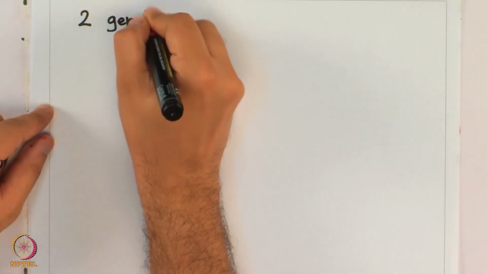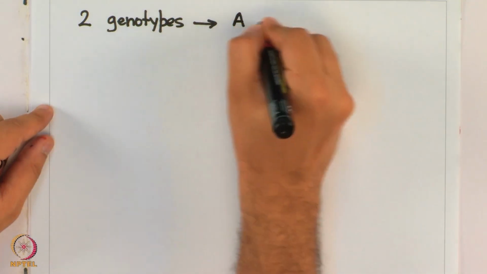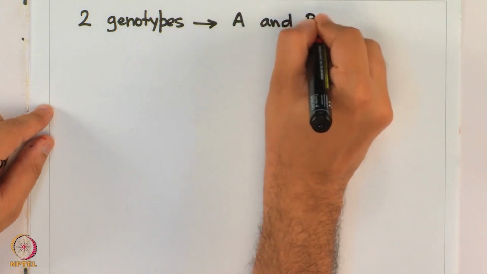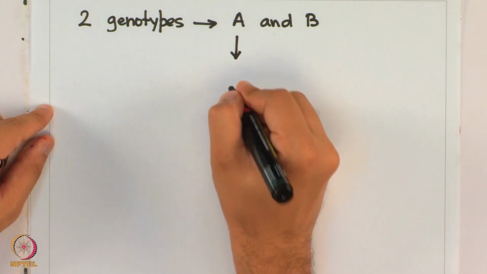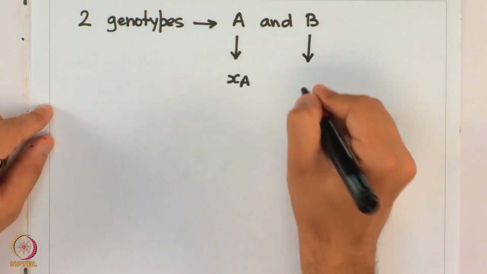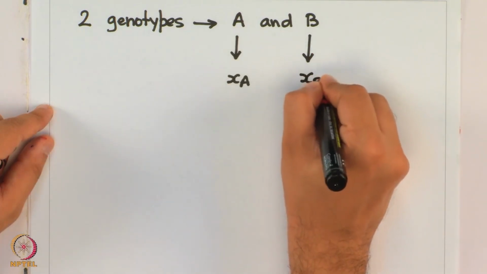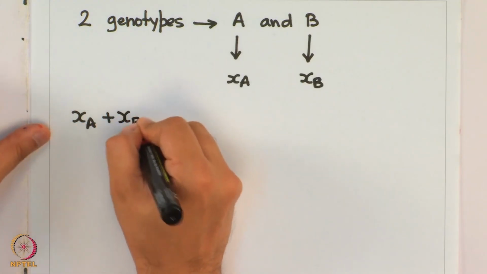So, again, let us go back to our simplest example that we started with, two genotypes, and we will call them A and B. Let the frequency of individuals belonging to genotype A be XA, and the frequency of individuals belonging to genotype B be XB. Then we know that XA plus XB is equal to 1.